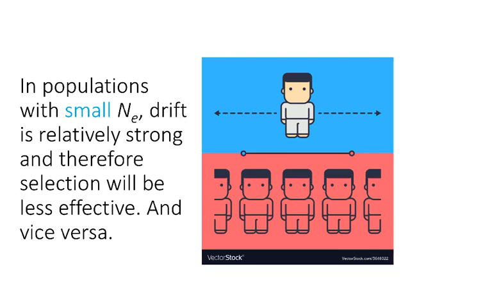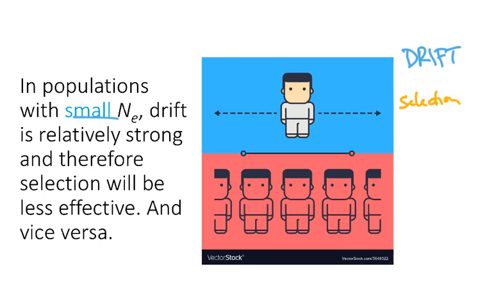So if we have a small effective population size, in general, drift is going to have a really strong effect, which we talked about. Drift has a larger effect in small populations, and then selection will be a smaller effect.